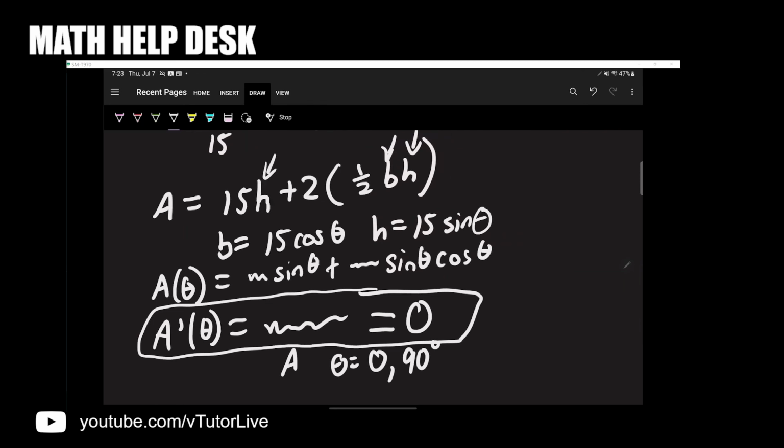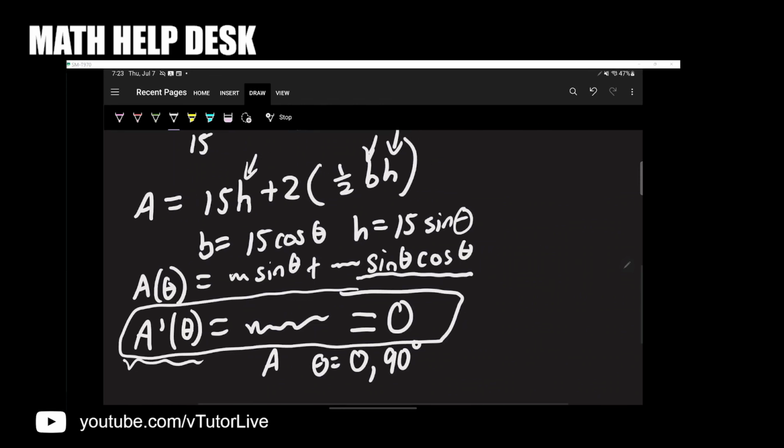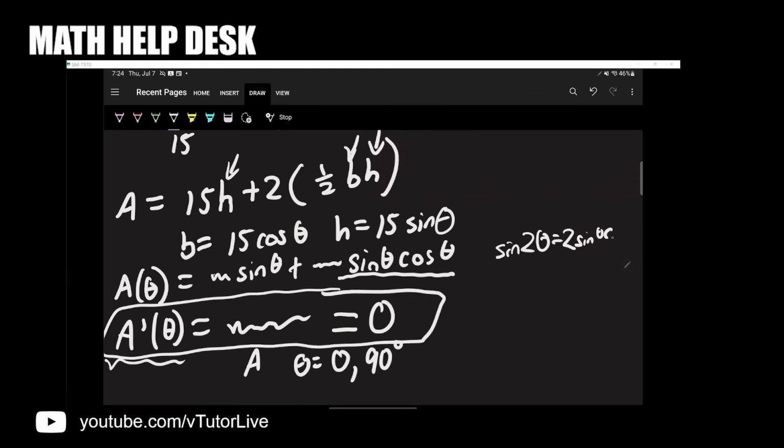And when trying to find A prime, the derivative, you can just charge ahead and apply a product rule if you want. But a nice little trick is to remember that sine of 2 theta is equal to 2 sine theta cos theta.